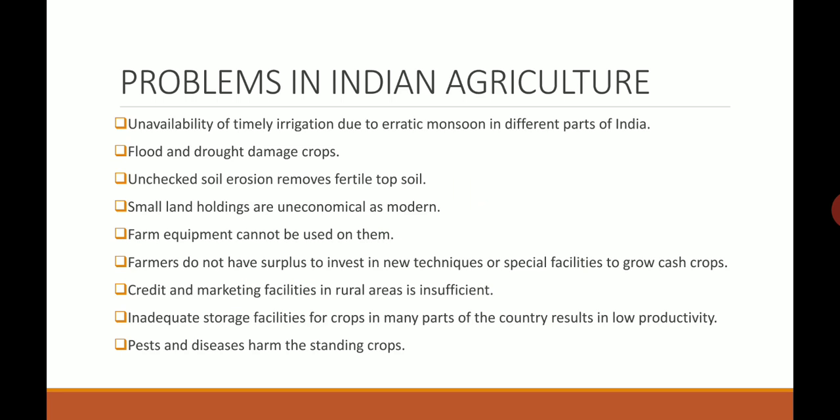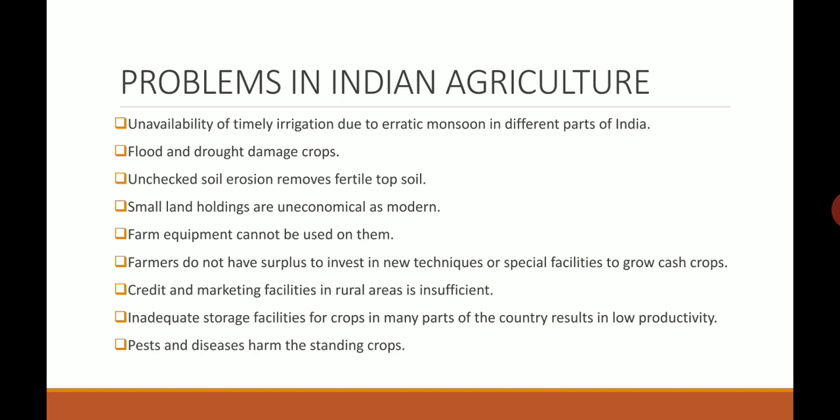Farm equipment cannot be used on them, means using big or the latest farm equipment is very costly on small land holdings. Indian farmers do not have surplus or extra money or capital to invest in new technologies, and they are unable to grow cash crops.